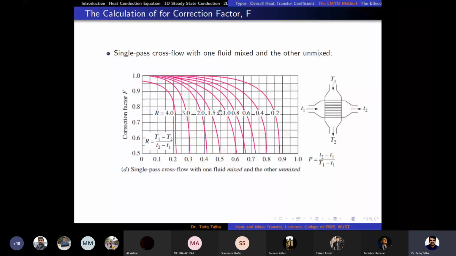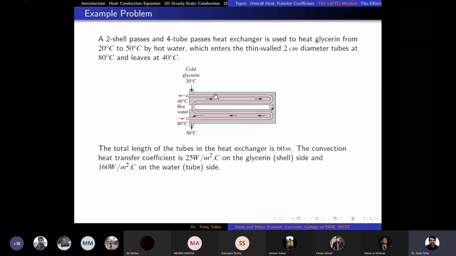Now we quickly see how to read the value of F for a given problem, or how to calculate the R and P parameters. So now we have a heat exchanger with two shell passes and four tube passes, used to heat glycerine from 20 degrees to 50 degrees centigrade by hot water. Here the cold fluid is glycerine and the hot water is the hot fluid, which enters the thin-walled tubes, 2 centimeter diameter, at 80 degrees and leaves at 40 degrees.